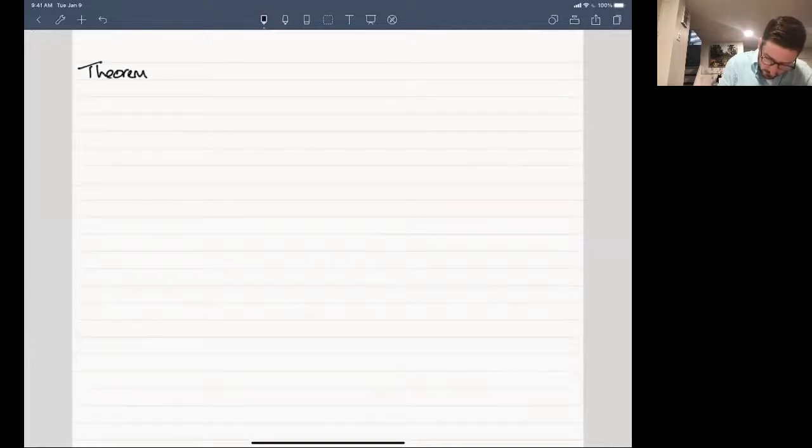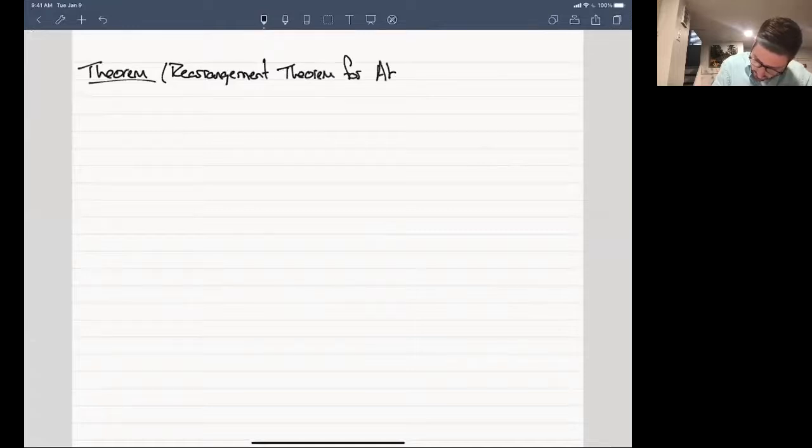This is the rearrangement theorem for absolutely (ABS) convergent (CONV) series. I just want to be able to fit it all on one line.